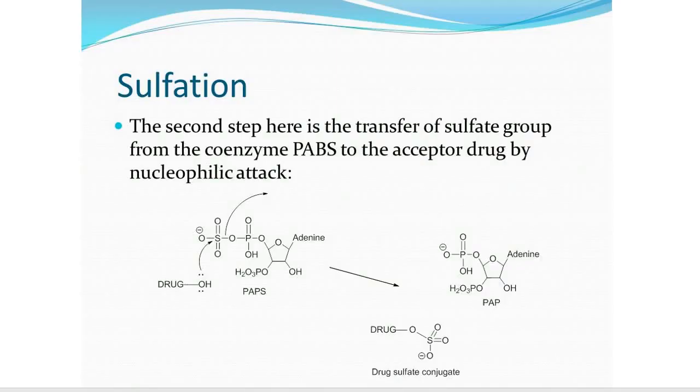Sulfation means the second step here is the transfer of the sulfate group from the coenzyme PAPS to accept a drug by nucleophilic attack. You can see the drug contains OH functional groups. You have the PAPS, adenosine, sugar and phosphate. So the drug sulfate conjugate and the PAP. So this is sulfation.